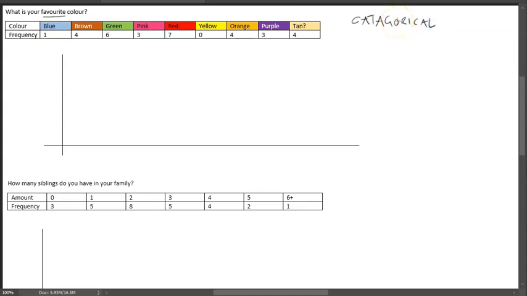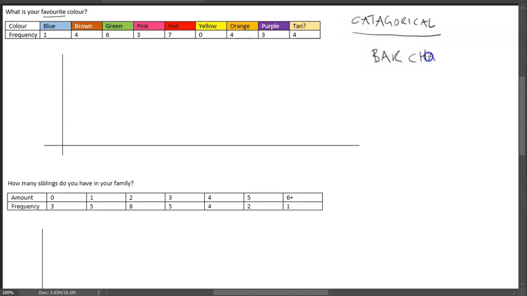As I was saying in the previous video, if it's categorical data, generally the question will start with, what is your favorite? There's a preference of some sort. So if we were to represent this in some type of graph, we would use what's called a bar chart.